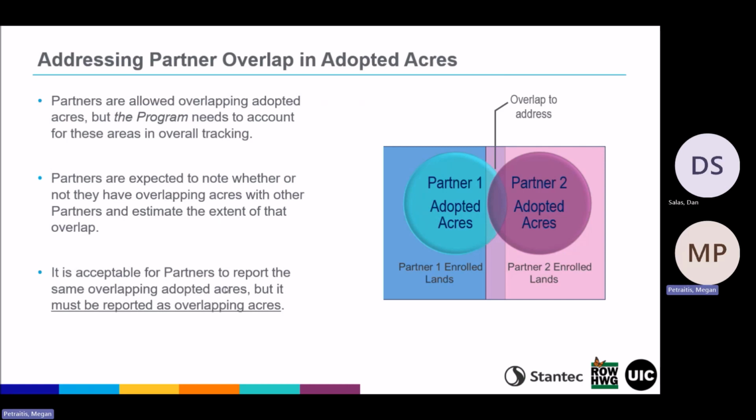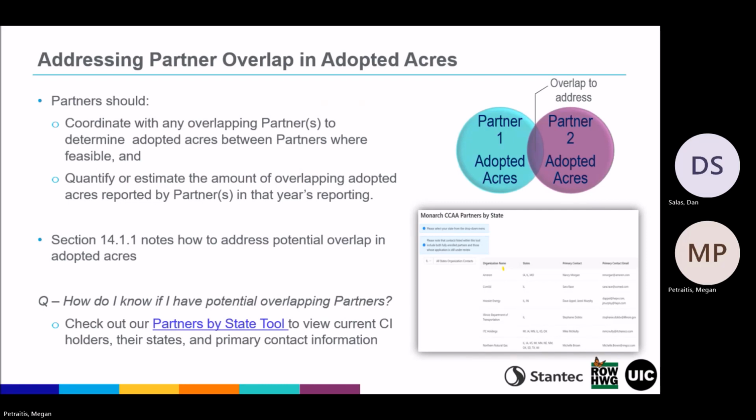It's acceptable for partners to report the same overlapping acres, like I mentioned, but it should be reported if you determine there is some overlap. So to determine this, you would be coordinating with the other partners that operate in your area or in your state. This could be something that's high level.